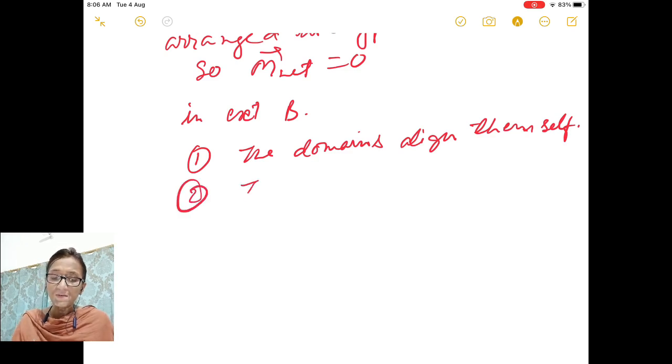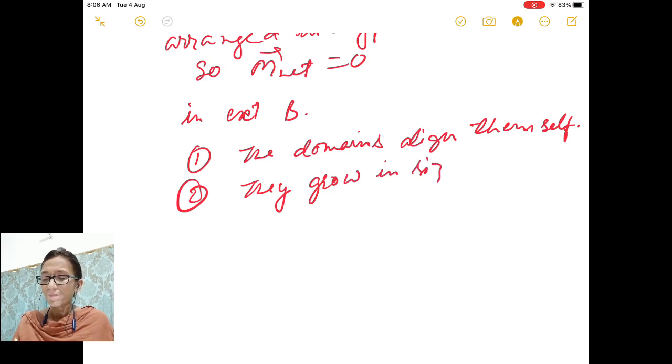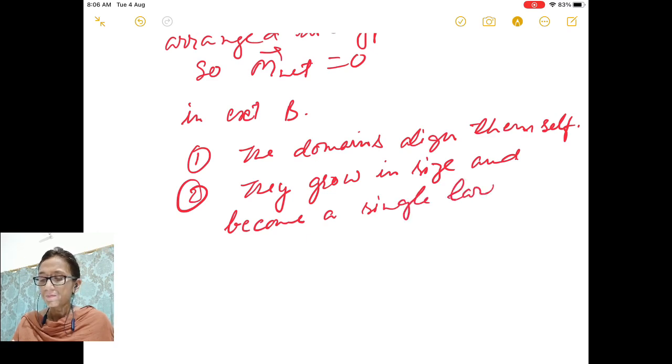And second, they grow in size, and finally become a single large domain.